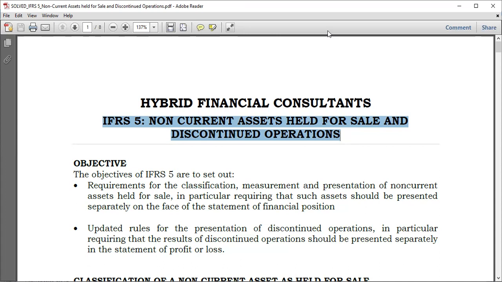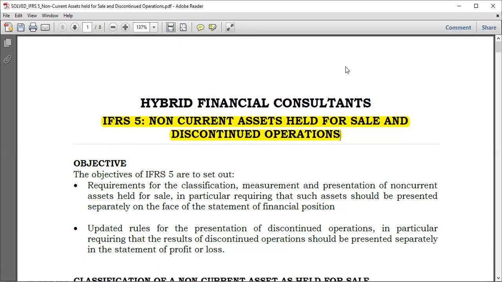But now, you find that you have this standard called non-current assets held for sale. We say that when you have non-current assets, and there are conditions for which you can say that you're holding it for sale, the assets which we hold for sale, we call them current assets, right? The same applies.